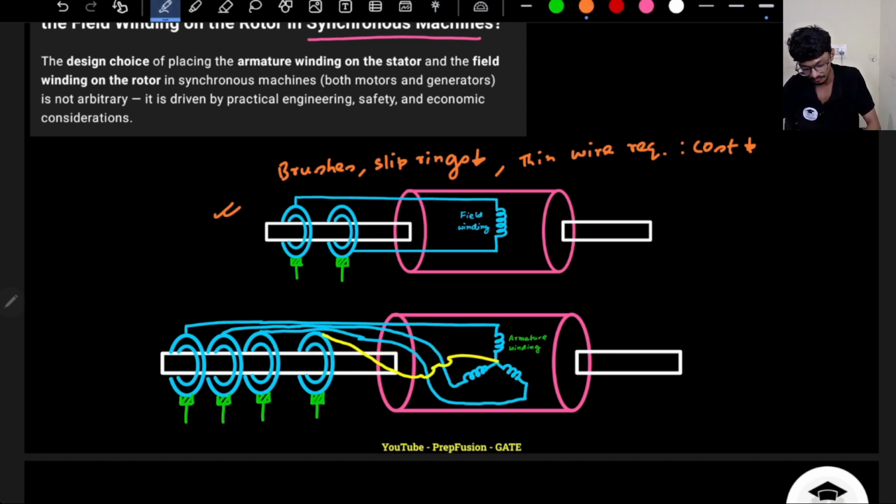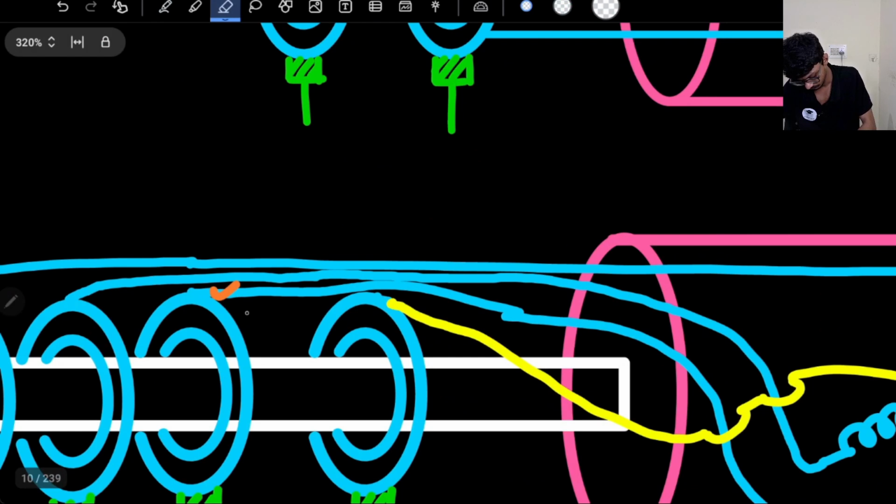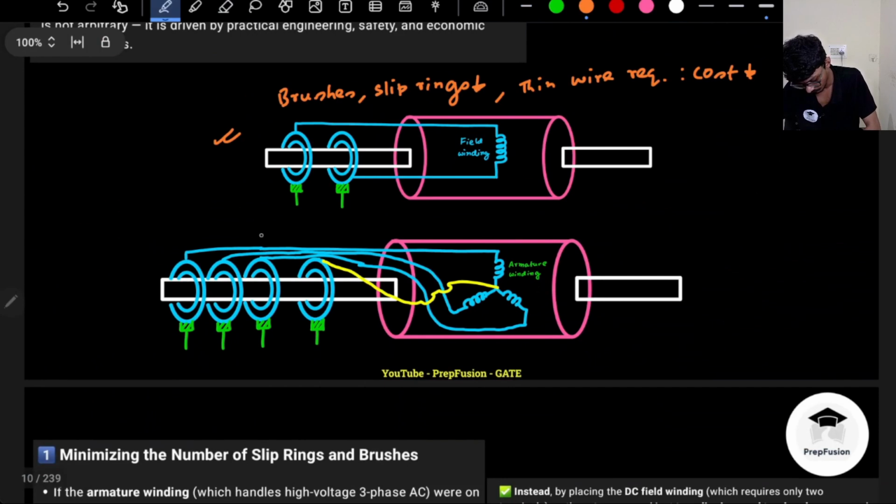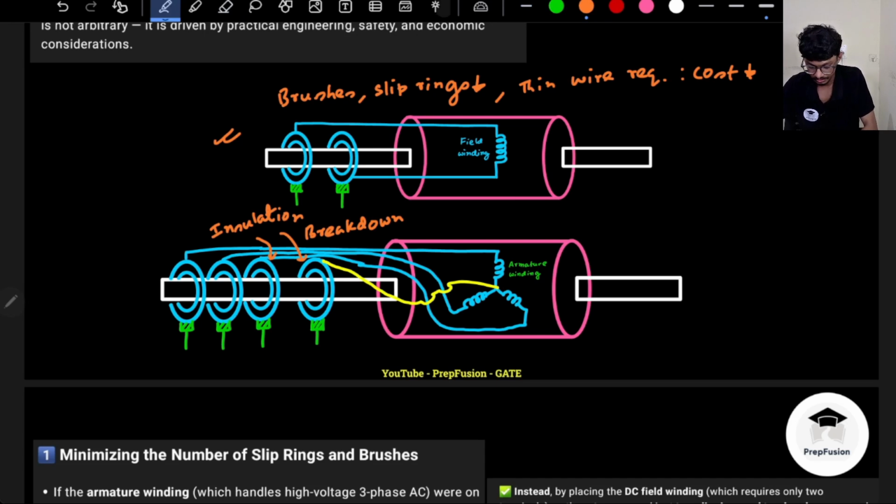So there can be a possibility of insulation breakdown here, so we have to provide proper insulation between the slip rings.